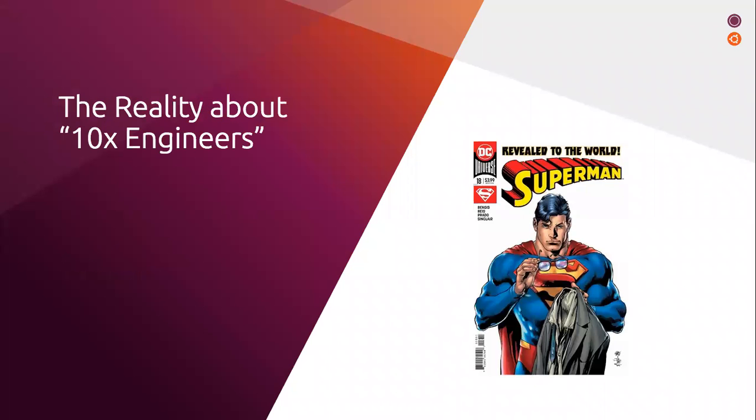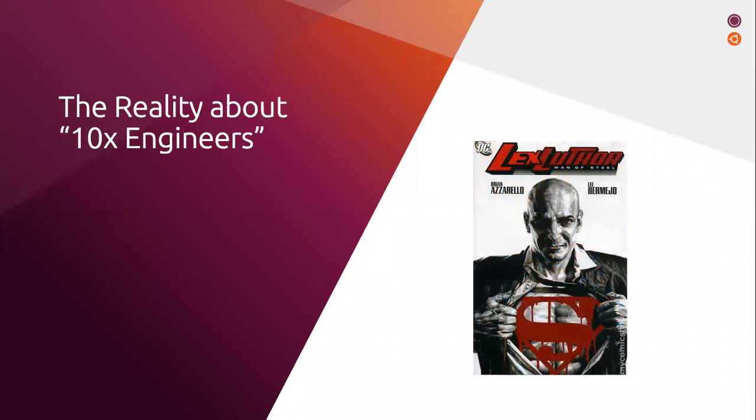So when I say 10x engineer, and when I say can do 10 times the work in the same amount of time, this is kind of what you picture in your head, right? It's Superman, able to leap tall buildings in a single bound and able to write entire operating systems in a single weekend. And while those people do exist, and while they are the helpers of mankind, most of the people that I have met that can do this really are a little bit less Superman, and they end up being a little bit more Lex Luthor, right?